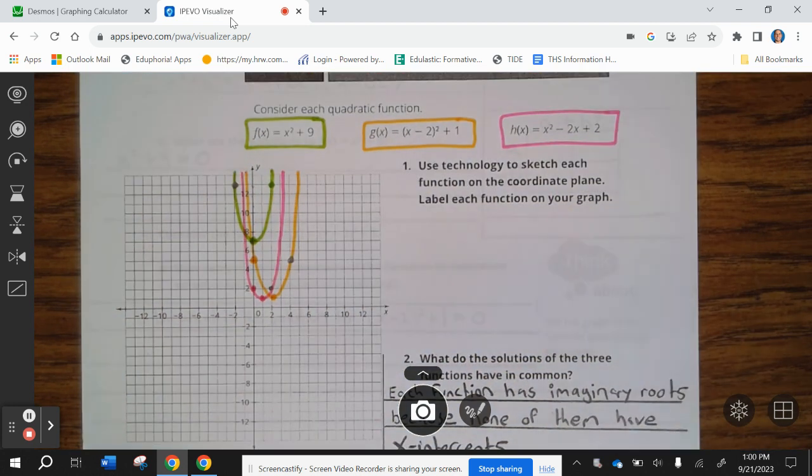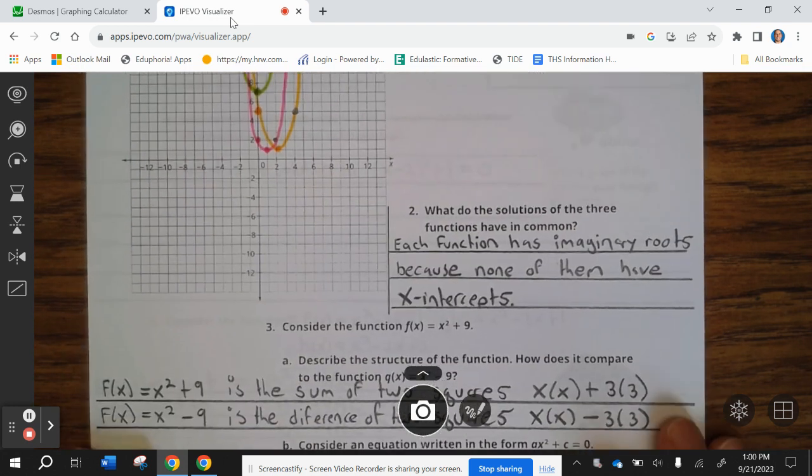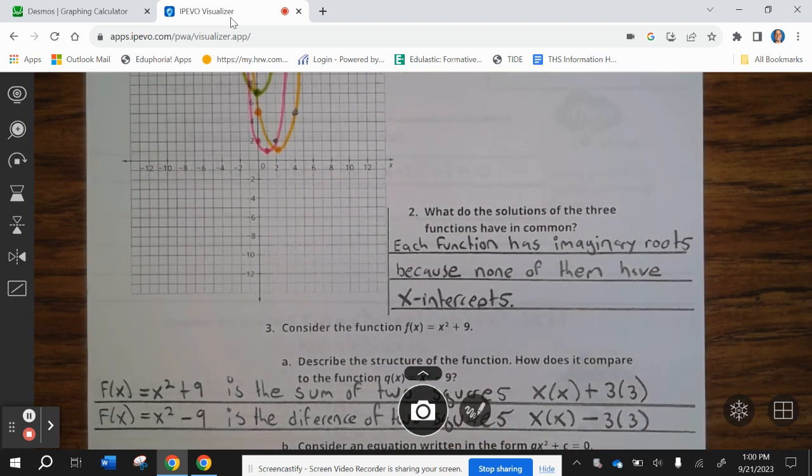All right, there's the graphs. What do the solutions of the three functions have in common? Each function has imaginary roots because none of them have x-intercepts.